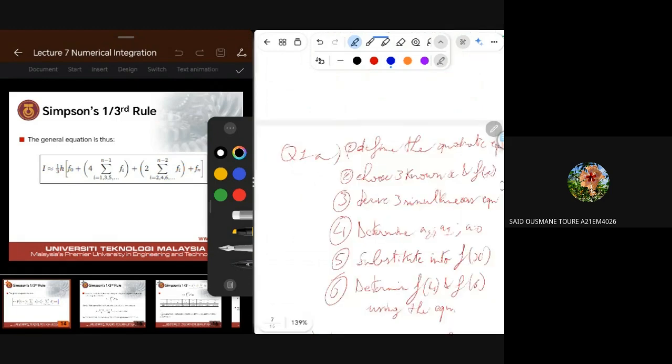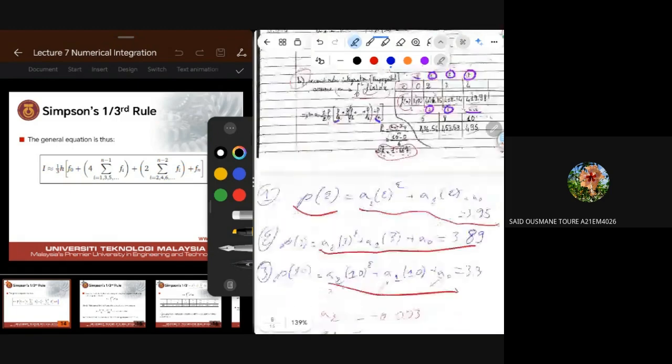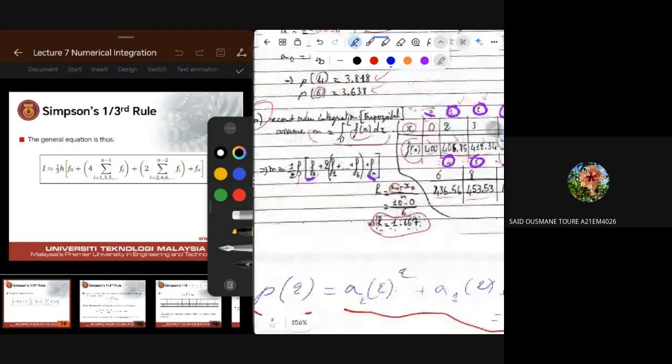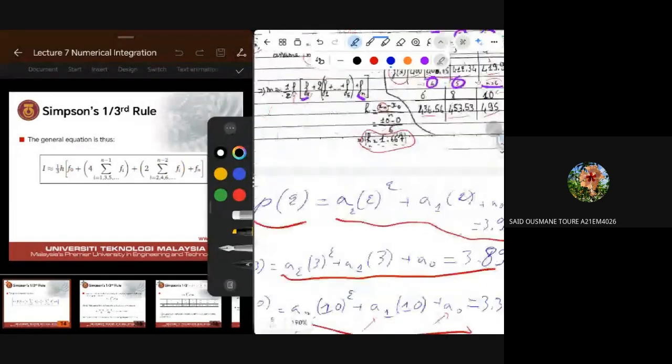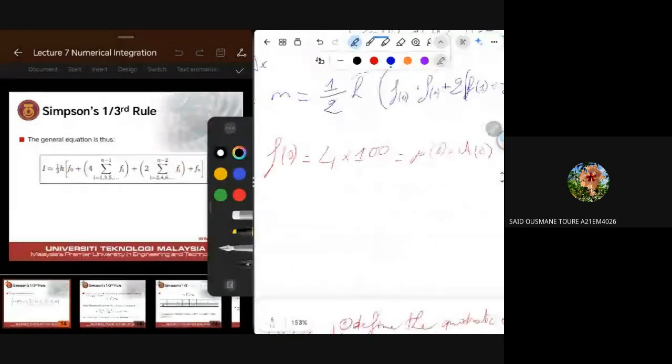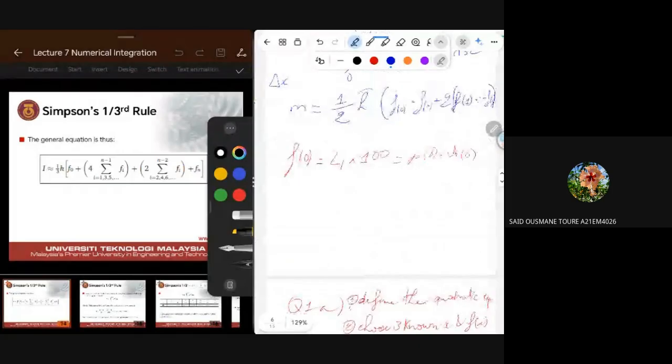Once you apply the formula, you simply have to be aware of the units, but everything becomes clear from there onwards. Just be careful regarding the units. Simple as that. Now, this is the case where you have n equals 6, or even numbers.